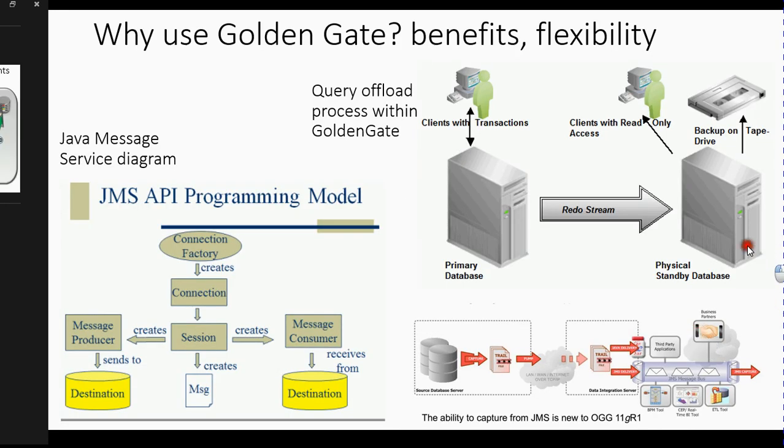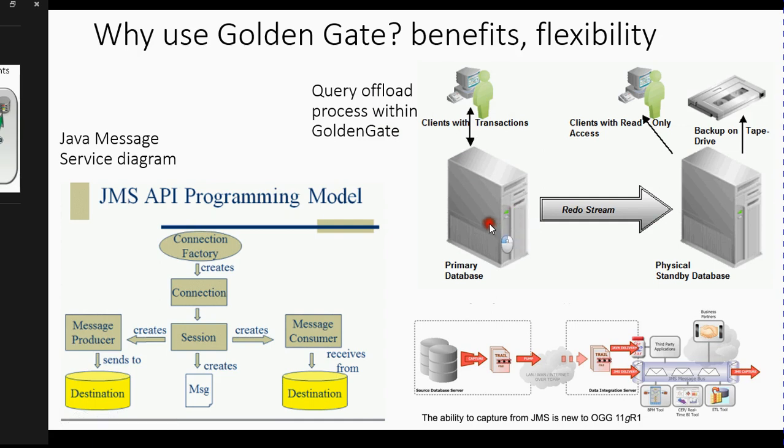This is a diagram of how the GoldenGate software works. You have the primary database, and the client, which is issuing the different transactions to the database.